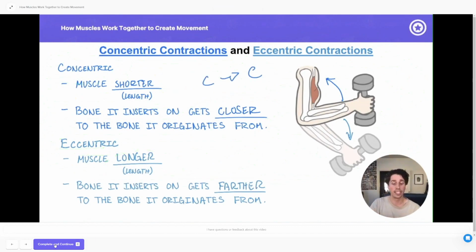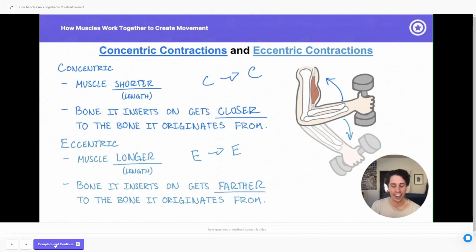So you can say that the muscle is going to elongate. And so that's going to be an E going to an E right there. So if you ever get in a bind, you can't quite remember this on test day, you can remember C is going to be with that C, so concentric is going to be closer. And then we're going to have E with E, so eccentric is going to elongate that muscle. So hopefully this will help you on test day, but if not, it's just a fun little fact to help you remember it down the road.